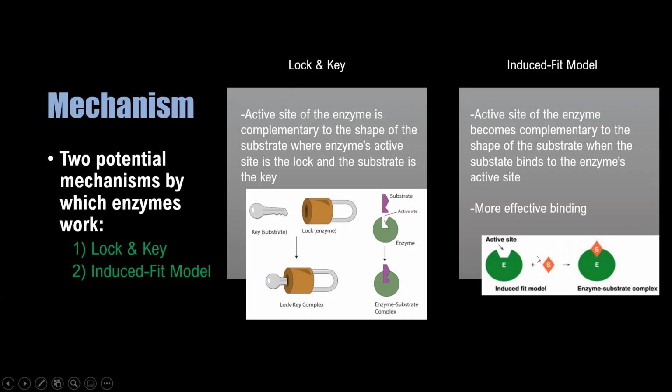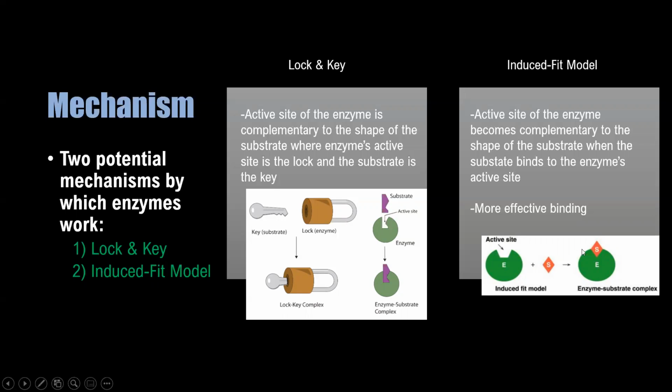While in induced fit model, initially we have the active site of the enzyme non-complementary to the substrate, but when the substrate binds, the enzyme undergoes a conformational change, which results in the enzyme changing its active site and binding firmly and rigidly onto the substrate, as we see over here.